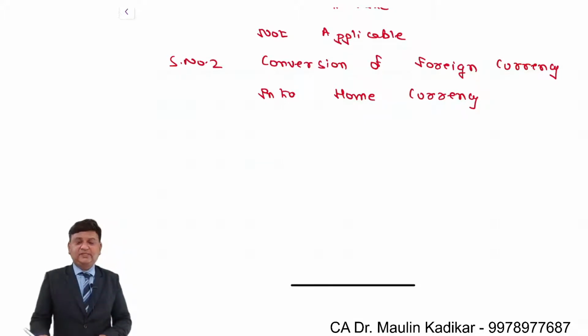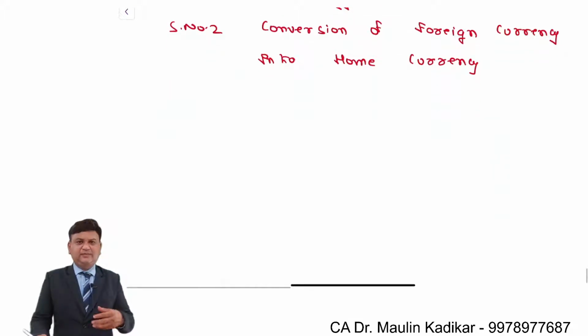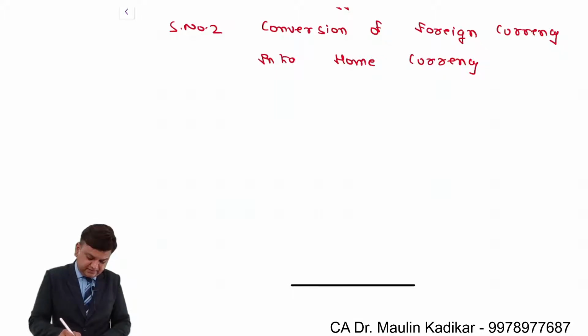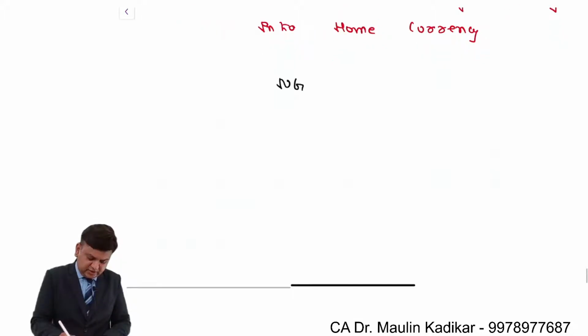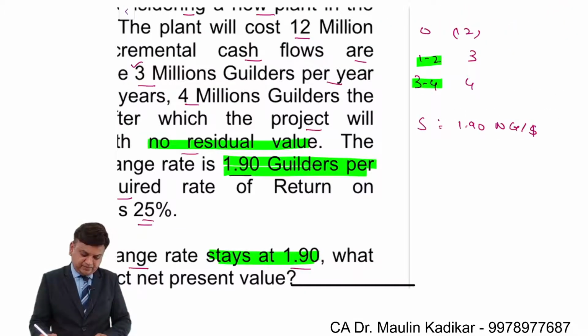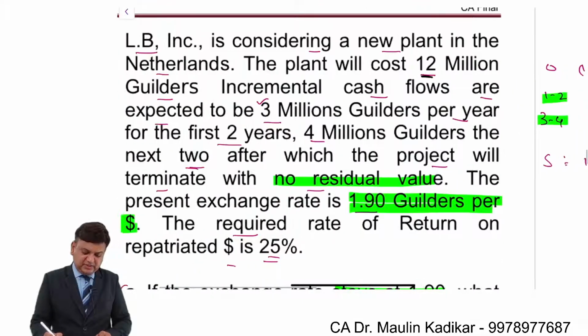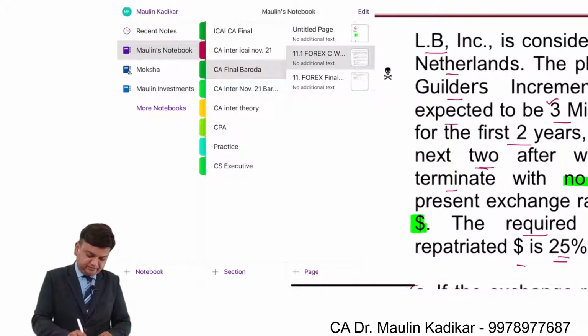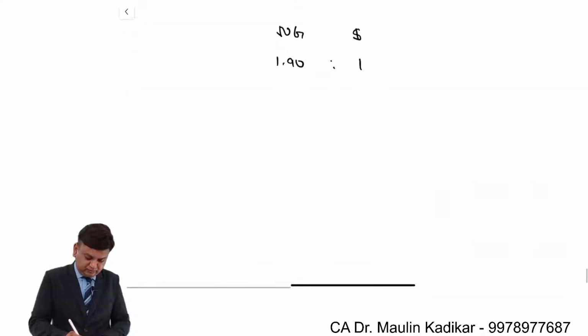Okay. Let us have understanding that this step is only to make sure that there is no silly mistake. Netherlands guilder dollar, the spot exchange rate is 1.9 Netherlands guilder per dollar and the amount of the investment is 12 million guilders. It is equal to this amount of dollar.